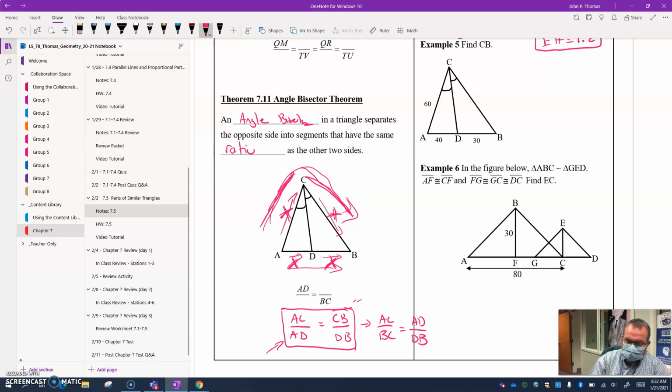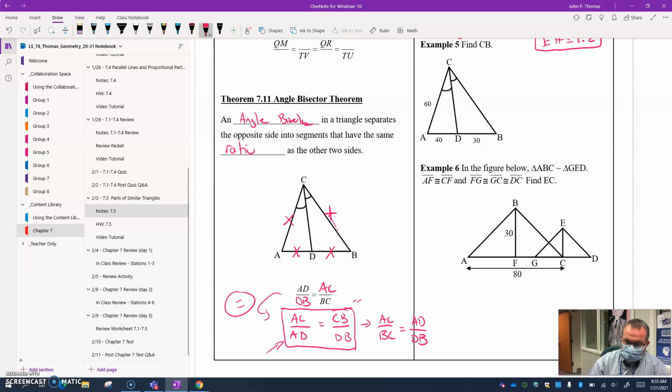The way they're thinking of it is, again, let me clear this picture up, for their setup, they thought of AD, this piece, over DB, that piece, as going to be in the same ratio as this AC over this CB. All right, so again, these are equivalent. There's no difference between the two. It's just different ways of looking at it.